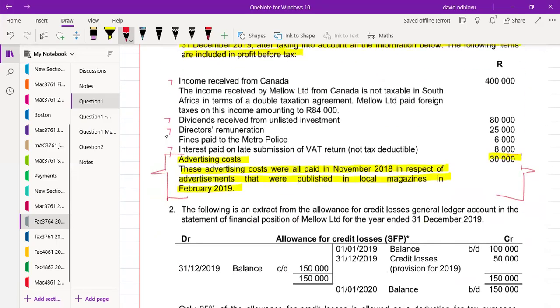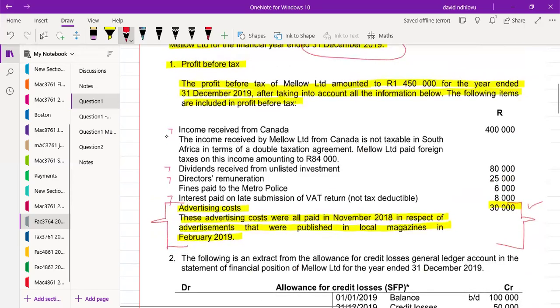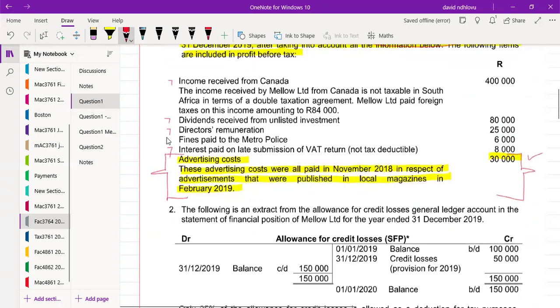But we are being told that we have advertising expenses. These advertising expenses are included in our profit before tax amount. Then we are being told that these advertising costs were all paid in November 2018, that is in the prior year, in respect of advertisements that were published in the local magazines in 2019.